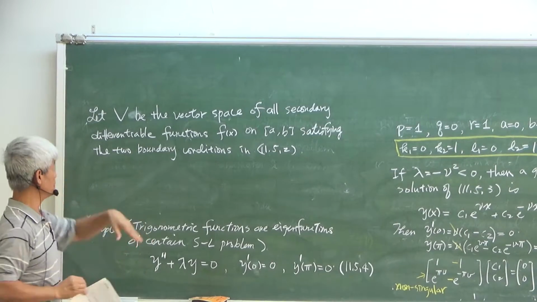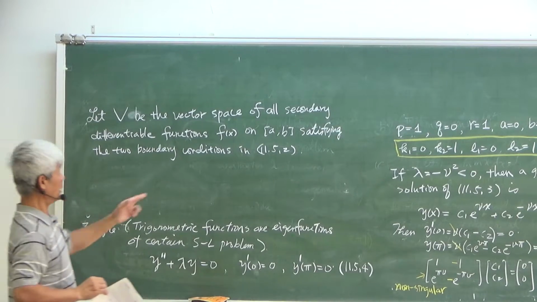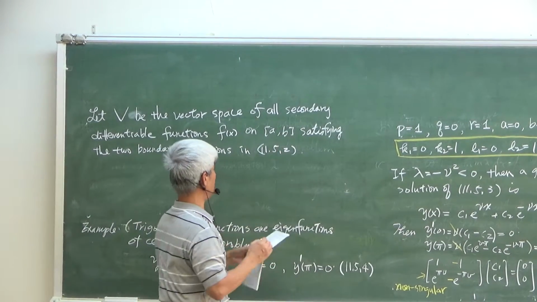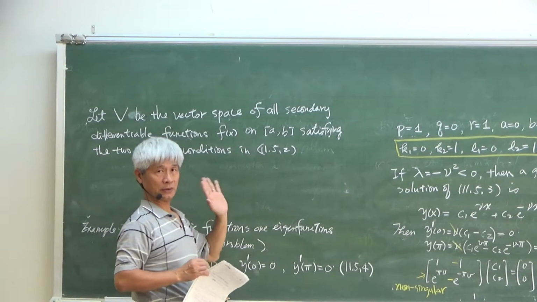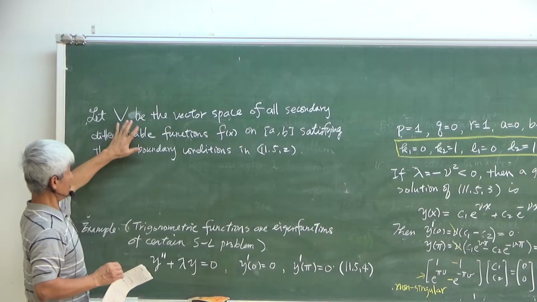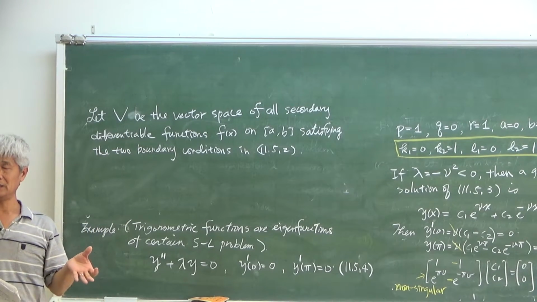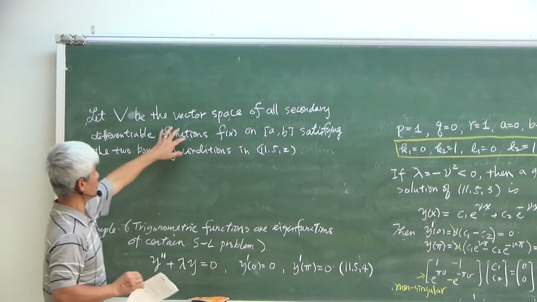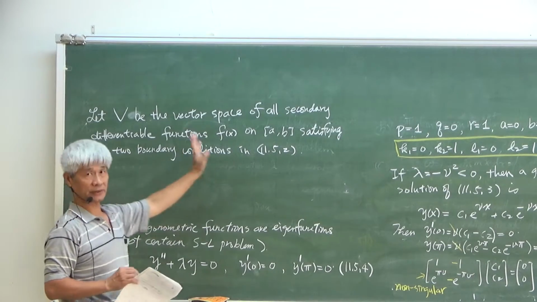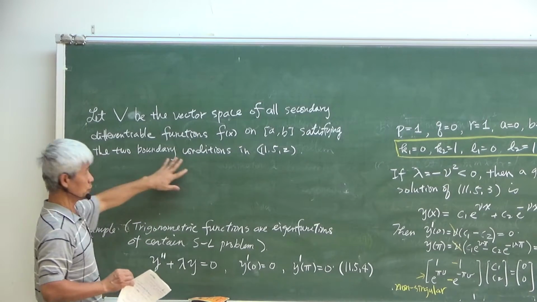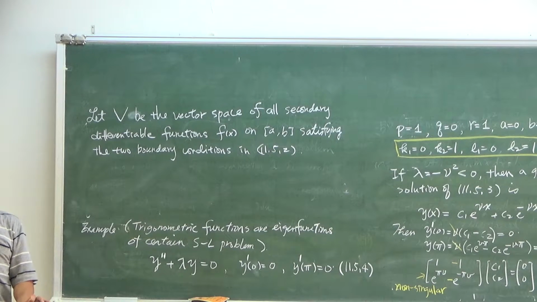functions, meaning that the function f of x has a second derivative on (a, b) and satisfies the two boundary conditions in 11.5.2. You can verify that this set is actually a vector space, because if you add two functions, the sum is also second differentiable and satisfies the two boundary conditions, because the two boundary conditions are linear.